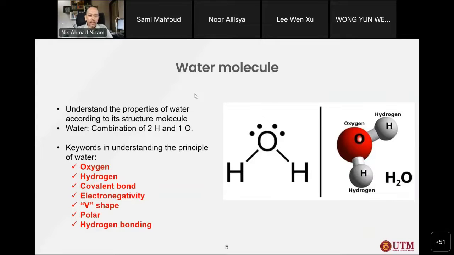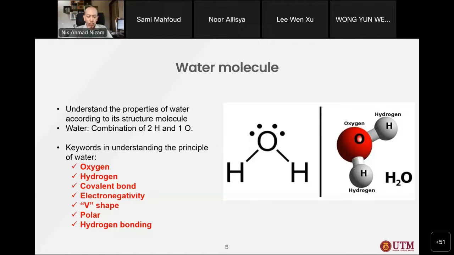In order to understand the chemistry of water, we need to understand the structure of water itself. What makes water? Everything in our world is based on the elements, and you can see in the periodic table that there are so many single elements.